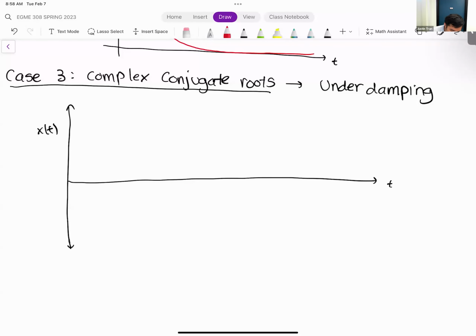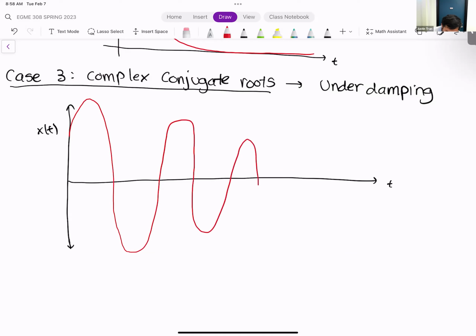And so you may have a solution that starts oscillating early on. But because the damping is present in the system, eventually these oscillations are going to die down.